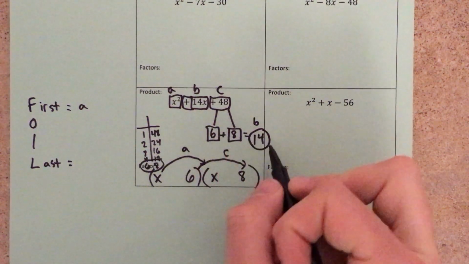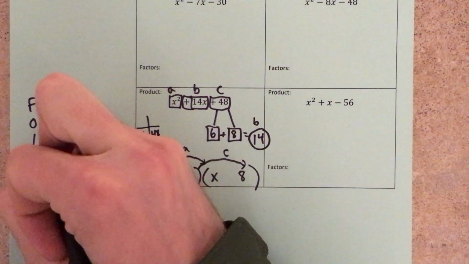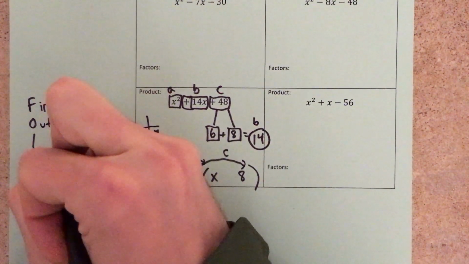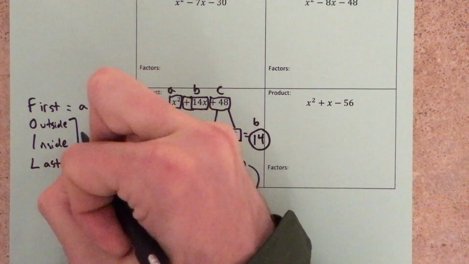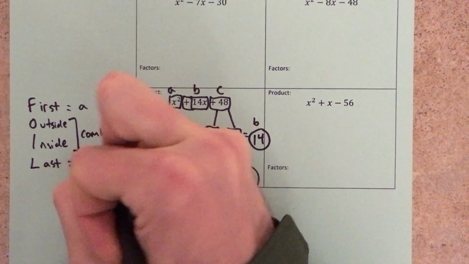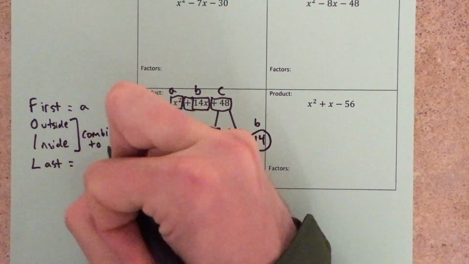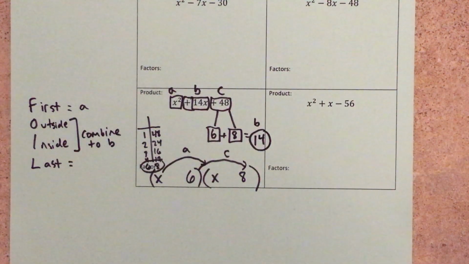And then where did this 14 come from? Well, if you take the outside and the inside products and combine them, they make B. Let me show you real quick.